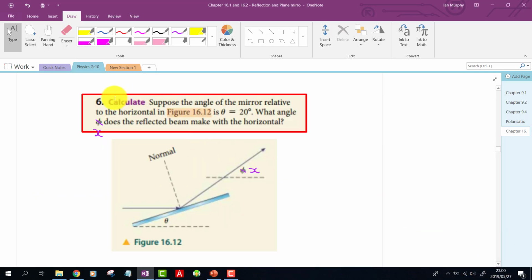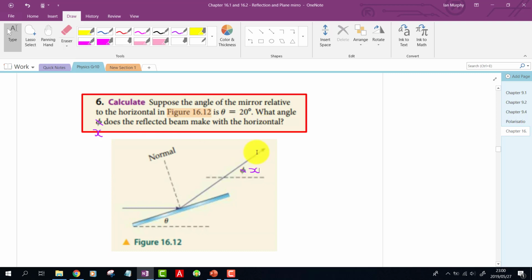Okay, so the next question, question 6. Calculate. Suppose the angle of the mirror relative to the horizontal in this figure is 20 degrees. So here it's 20 instead of 30 like before. What is the angle? I'm just going to call it x. What angle x does the reflected beam make with the horizontal?